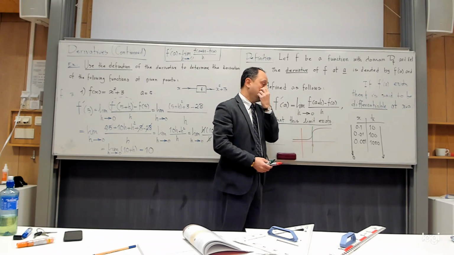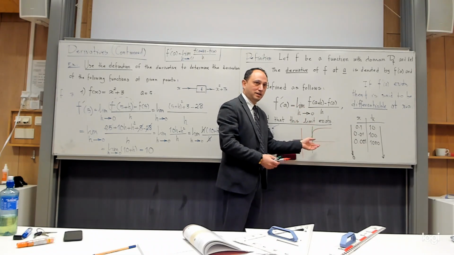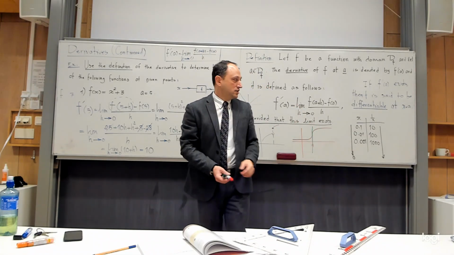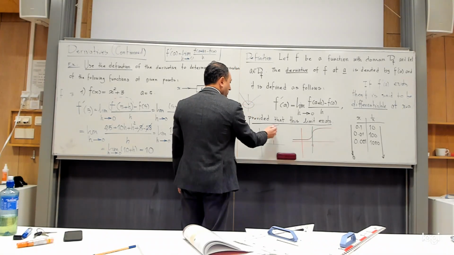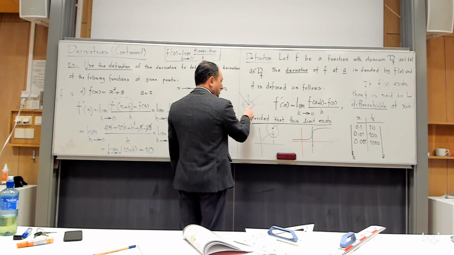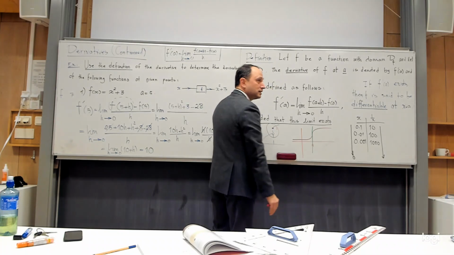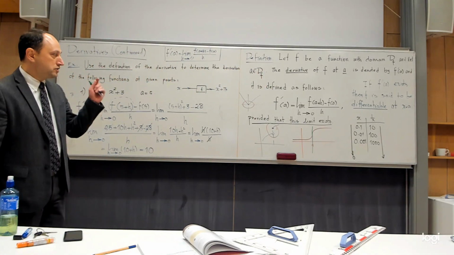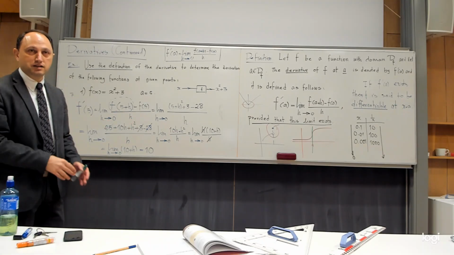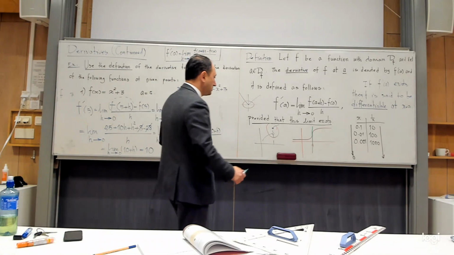And derivative points to the slope of the tangent line, but the tangent line doesn't have any slope. So 3 categories of points: discontinuity, sharp points, and points where the tangent is vertical. These are 3 cases where by just looking at the graph, you immediately realize that the function is not differentiable at that particular point.